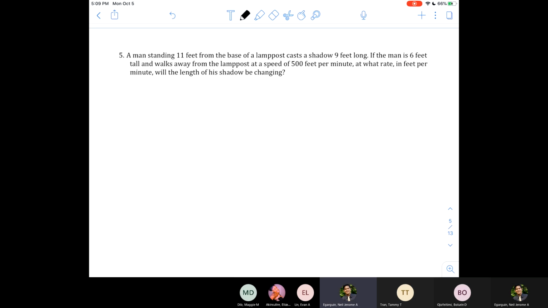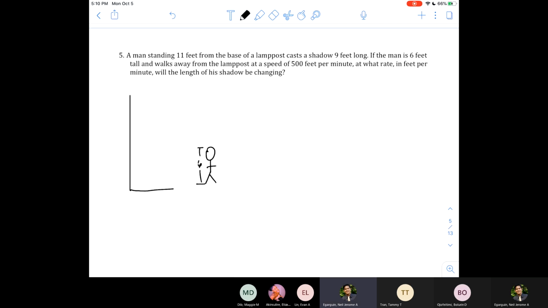So we have a lamppost here, and then I'm not good at drawing things, so most that you will see will just be stick figures over here. And then we have a man. There he goes. He is 6 feet tall, and he's walking away from the lamppost at a speed of 500 feet per minute.